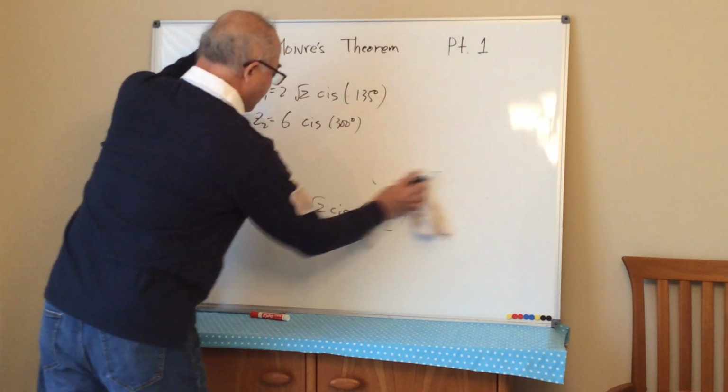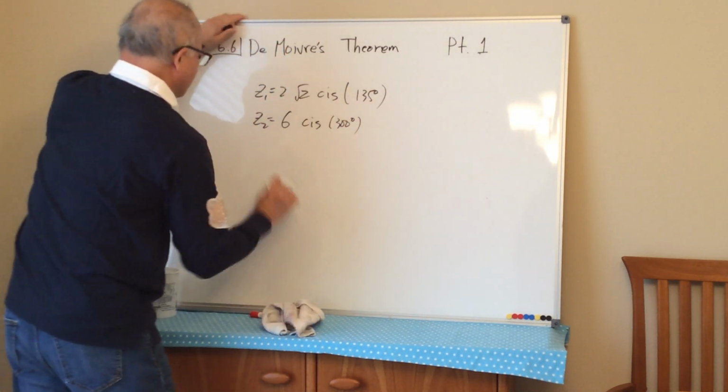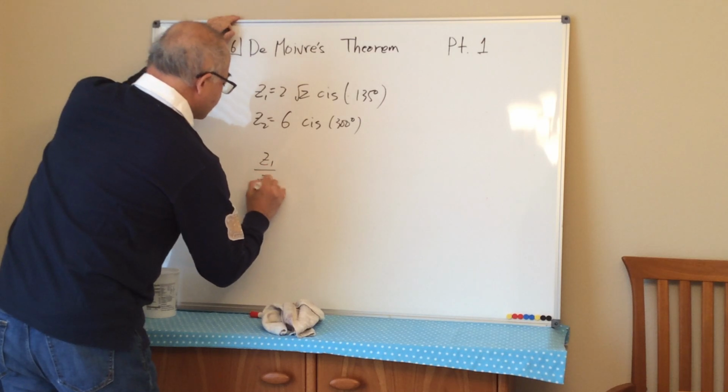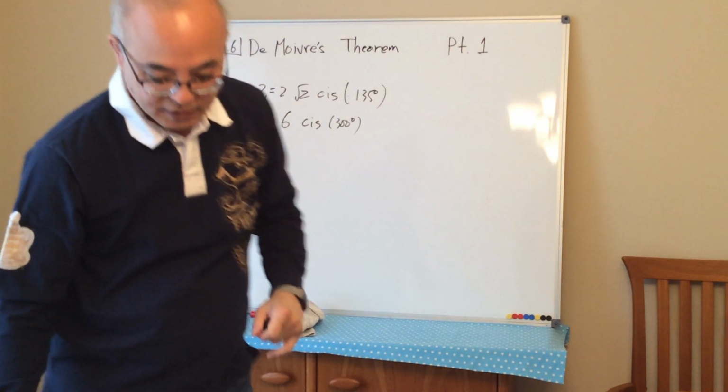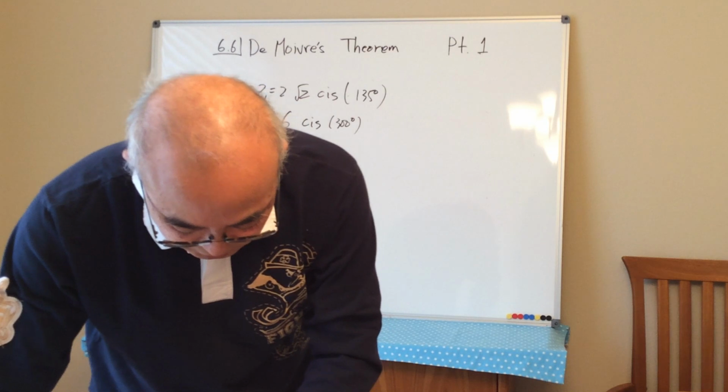And they want us to figure out the quotient, I'm assuming. Z1 over Z2, is that what we're asking? We are doing Z1 over Z2.